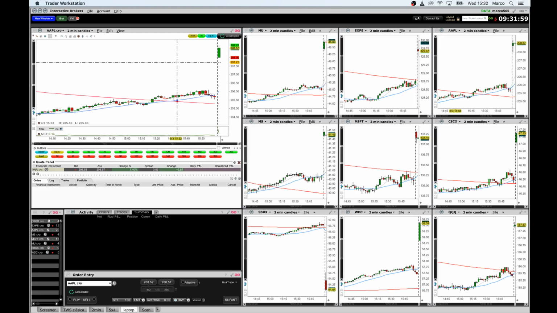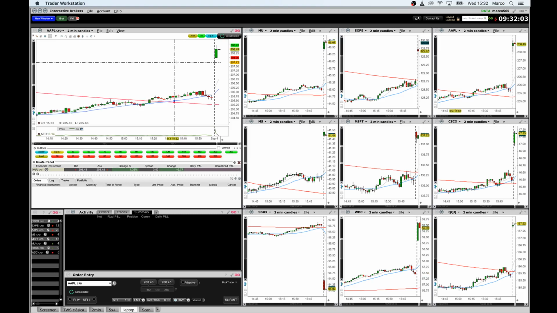Okay, getting ready. If it breaks above the high, I buy. Market looks strong. MS, what's it doing? I don't really like it, gap down. Well, we'll see.